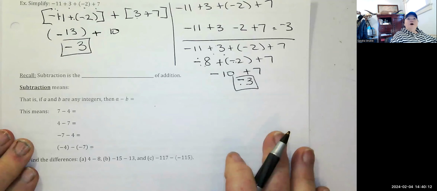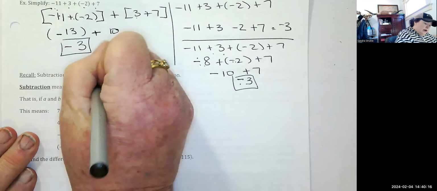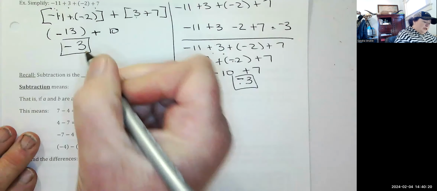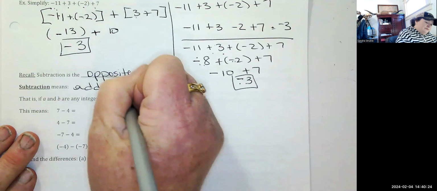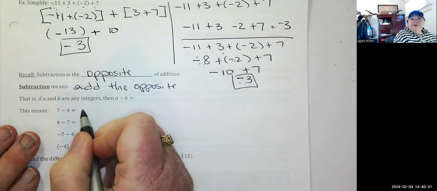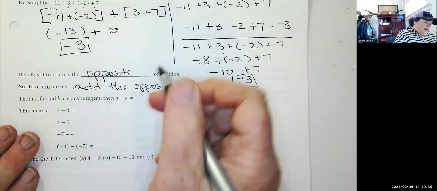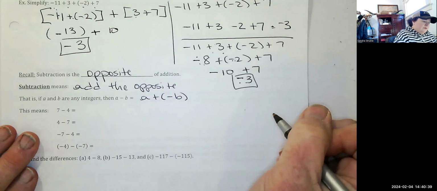All right, recall subtraction is the opposite or inverse of addition. Okay. Subtraction means add the opposite. Okay. So that is if A and B are any integers, then A minus B is A plus negative B. All right.